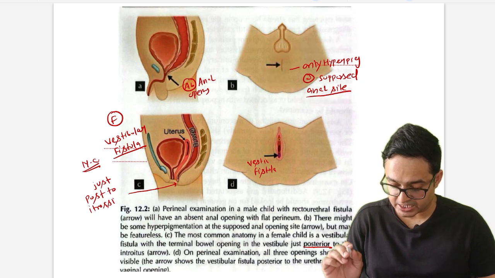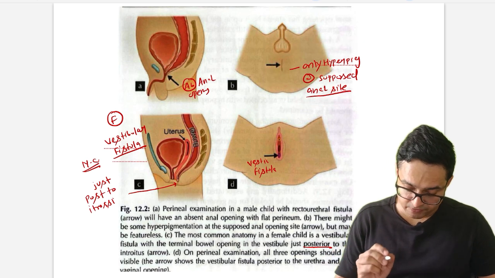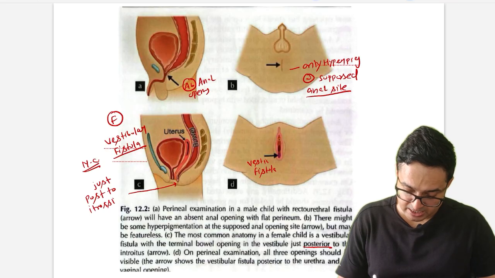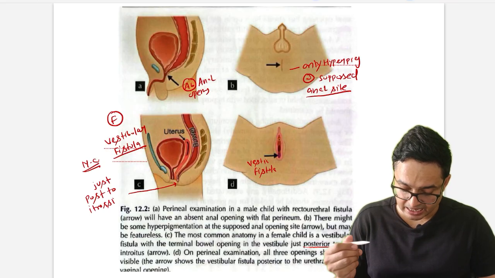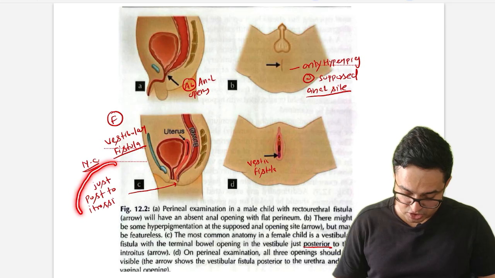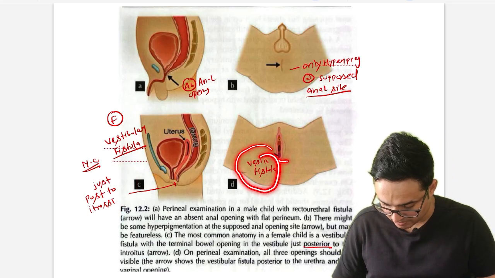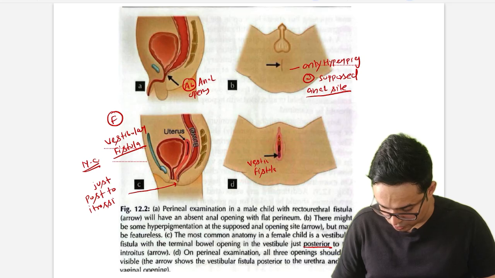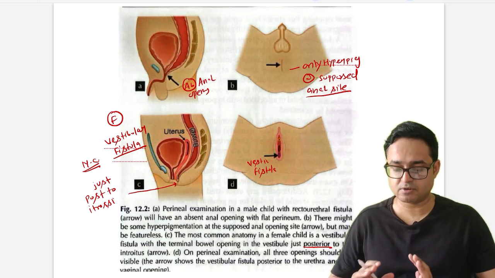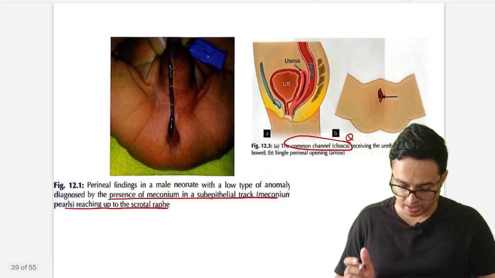This is anal atresia. In females, vestibular fistula is the most common anorectal anomaly. This is just posterior to the introitus. So this is a vestibular fistula; you're able to see it just posterior to the introitus. Vestibular fistula is most common in females.